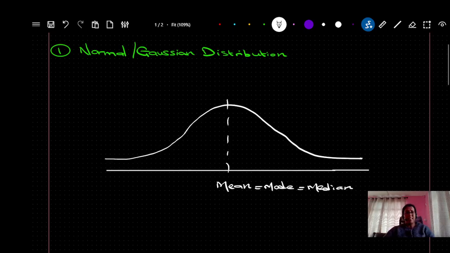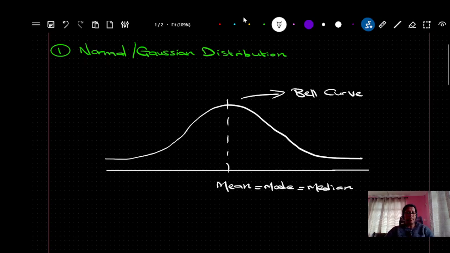So all these three figures are similar when you have this kind of distribution. Also, as you can see, it has a bell curve. The shape is like a bell, an inverted bell. This is one of the characteristics. We also have that it's symmetrical on both sides.